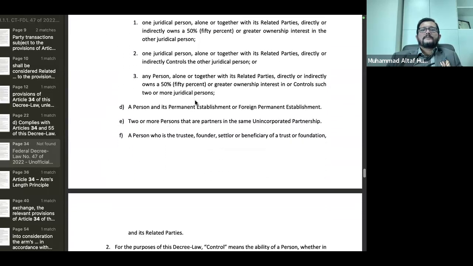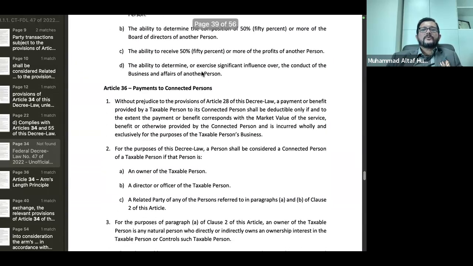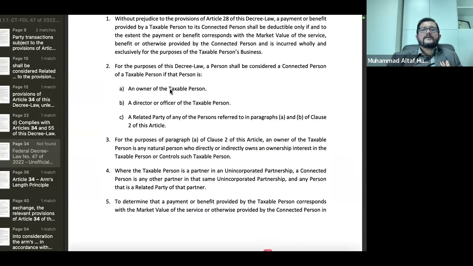Many things are there. We should go through this. Then we have connected persons also. These are the interesting officer. This word is a very interesting word used here. A director or officer of the taxable person.